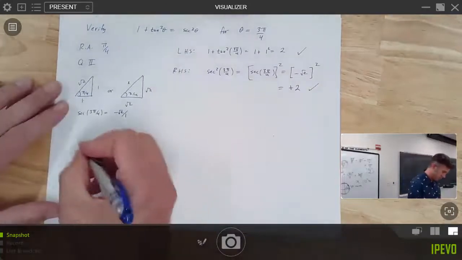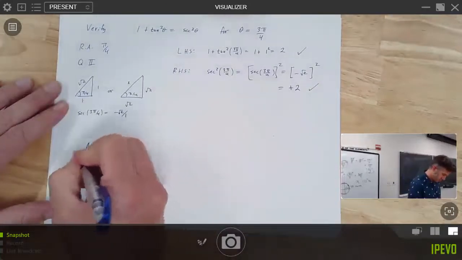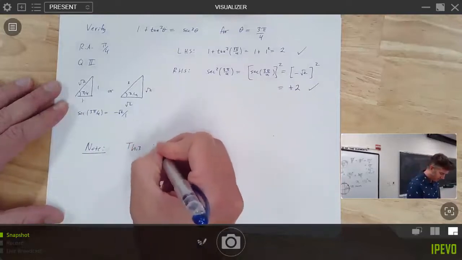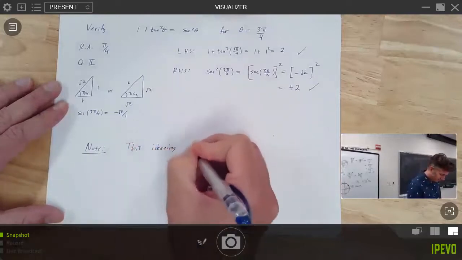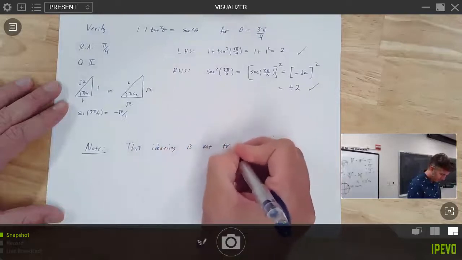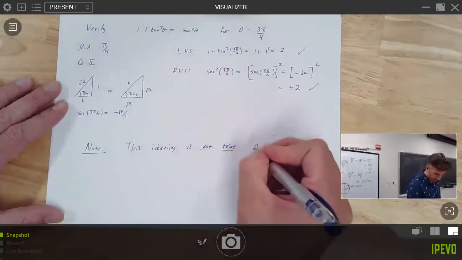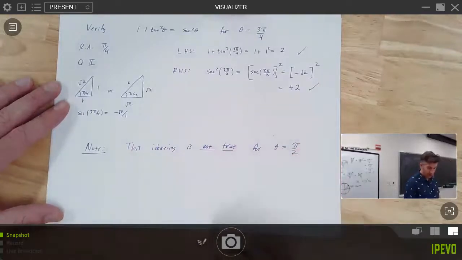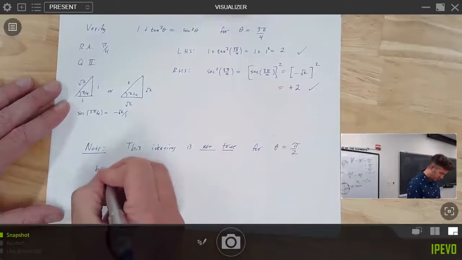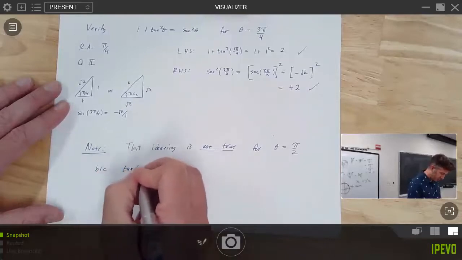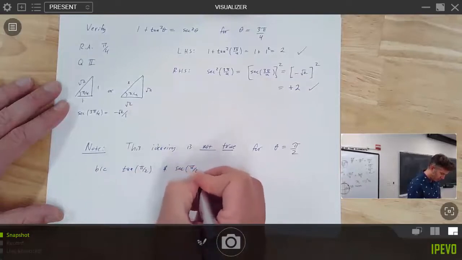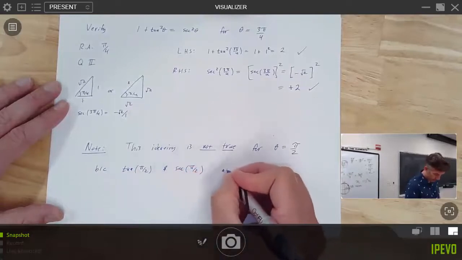Note, this identity is not true for an angle like theta equal to pi over 2, because for pi over 2, both tangent of pi over 2 and secant of pi over 2 are undefined.